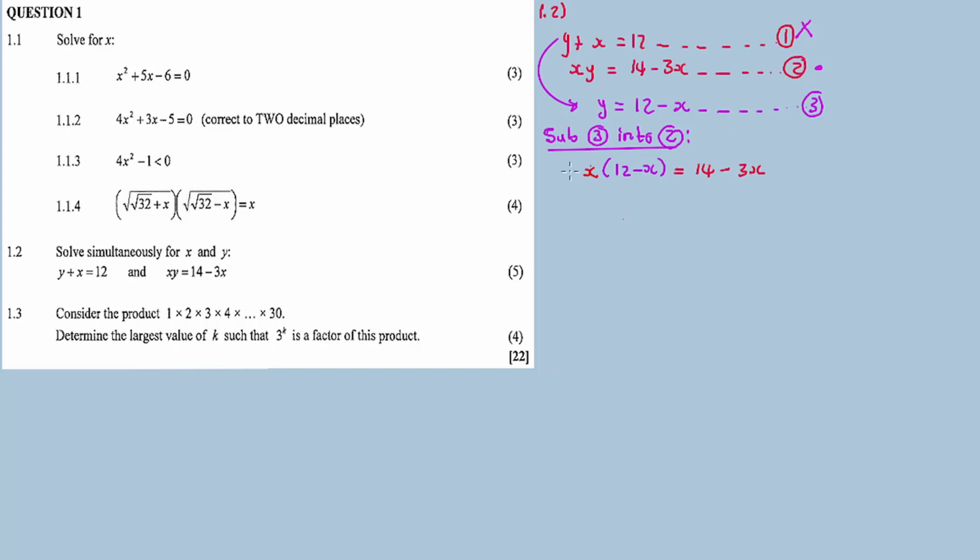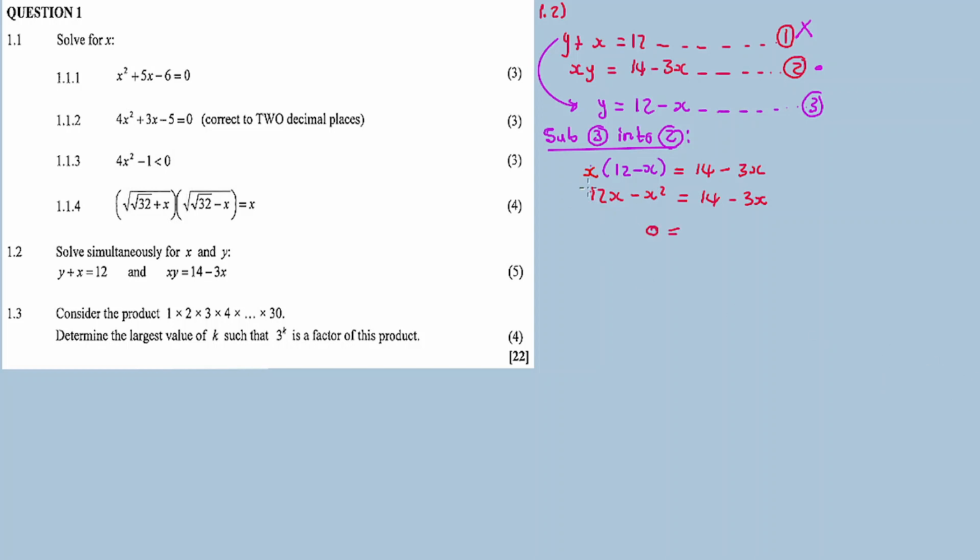Then we distribute x, or we solve for the bracket, I get 12x minus x squared, and then you transpose everything to the right hand side so that I have a quadratic equation in its standard form. So it's going to be 0.